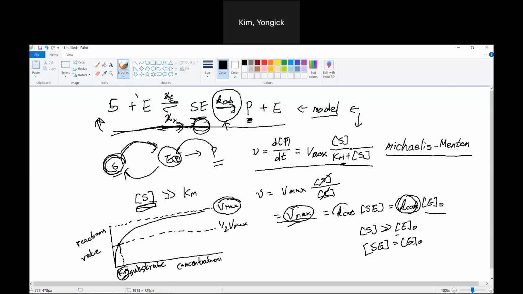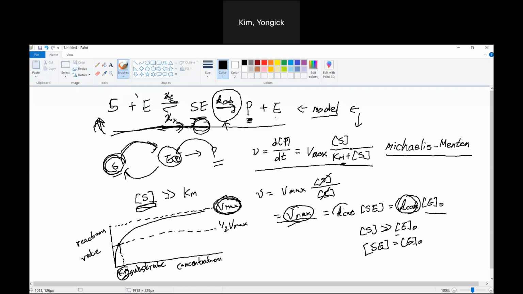This Vmax is the maximum enzymatic reaction speed at high substrate concentration. And then kcat is the turnover number.